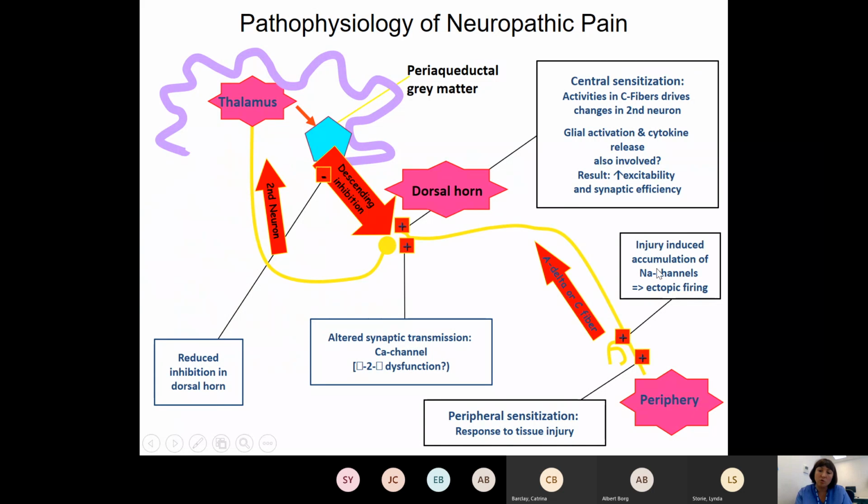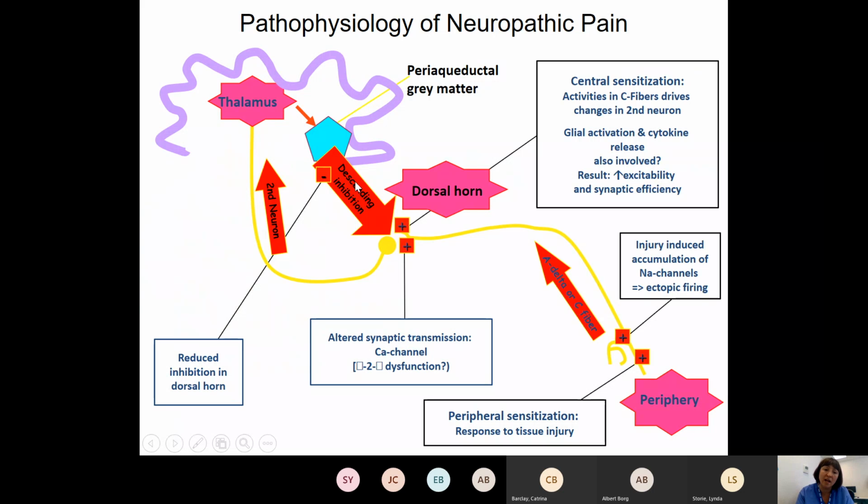We get injury of the sodium channels directly as well, so you get ectopic firing, continually telling the brain this is sore. Then, because we've had this persistent firing, we get altered synaptic transmission as well. So the calcium channels here, which is where the gabapentin and pregabalin work, get turned on, if you like, and stay on, unable to switch off.